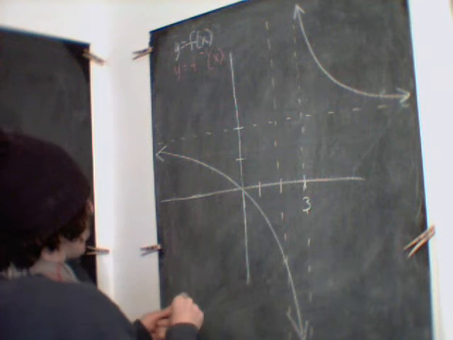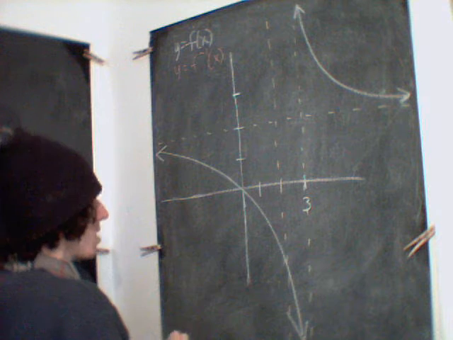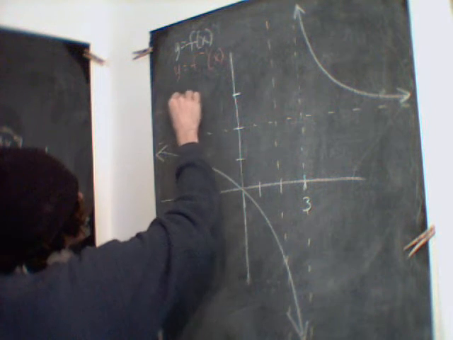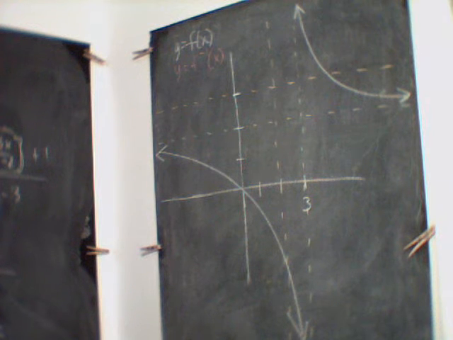So here is the point 3 right here, and here's your horizontal asymptote for f inverse, and now we just need to graph f inverse.